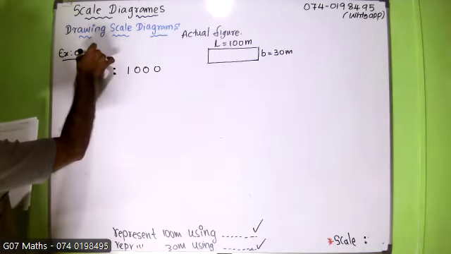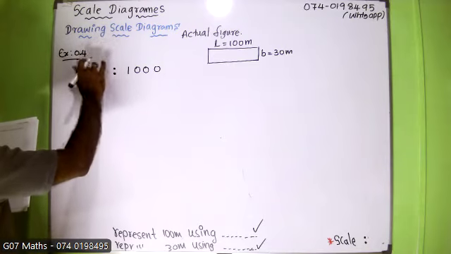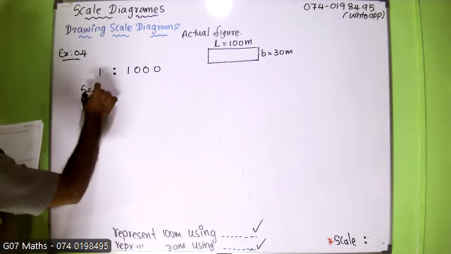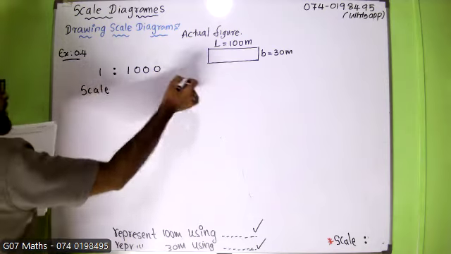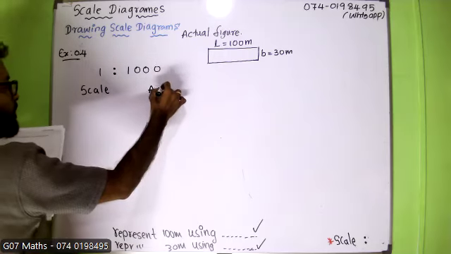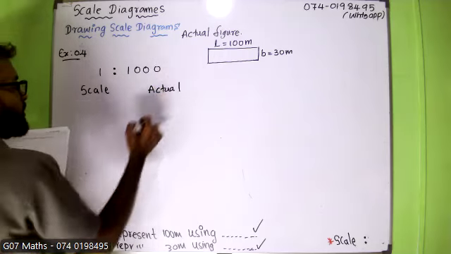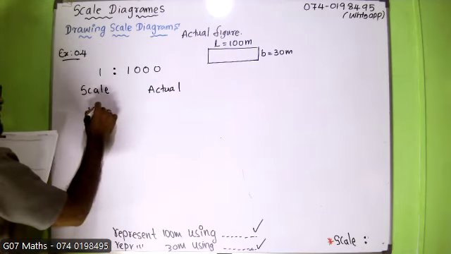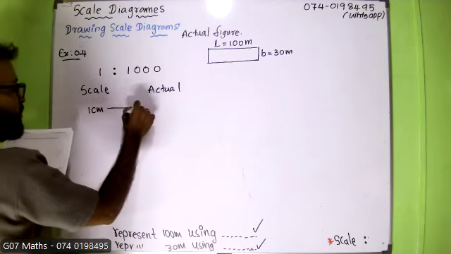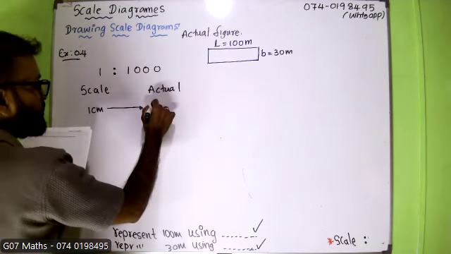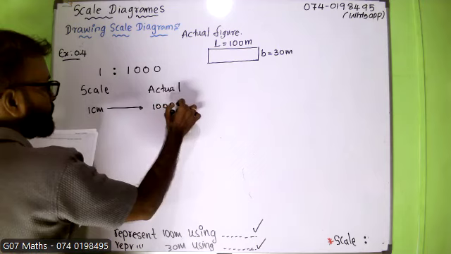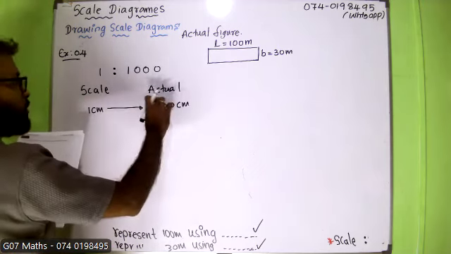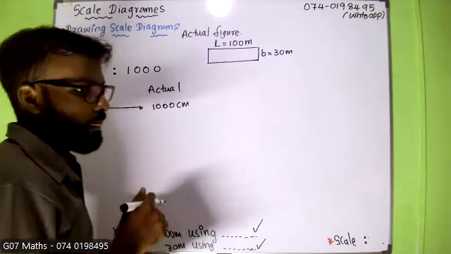So this side is my scale length. This side is my actual length. So the meaning of this is by using 1 centimeter, I am going to represent 1000 centimeters.